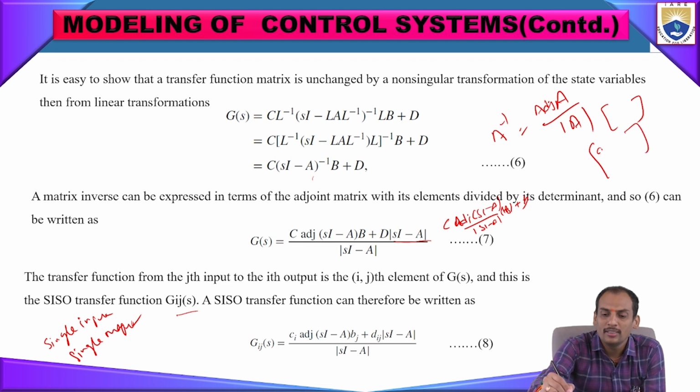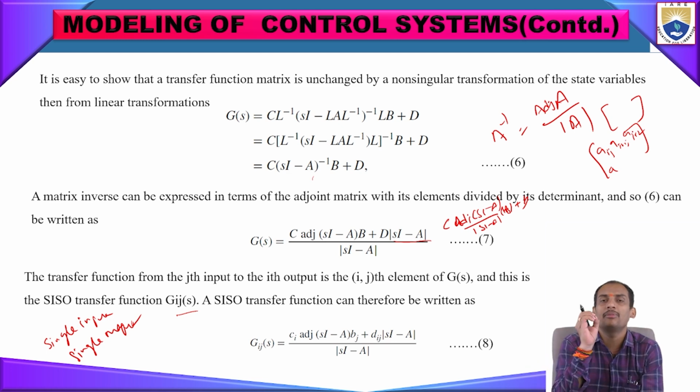And the ij term, I mean the ith term and jth term, means what? Suppose this will be Aij, and this is the ith row only, Ai plus 1 j and Ai plus 2 j, like that it will go. Generally we write this as Aij, the ith row and jth term. Ai plus 1, j plus 1, i plus 2, j plus 2, like that things will go on.